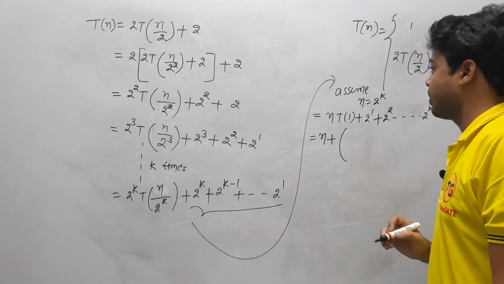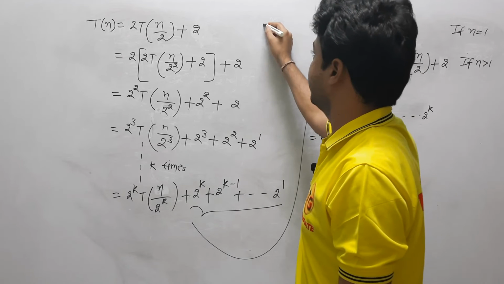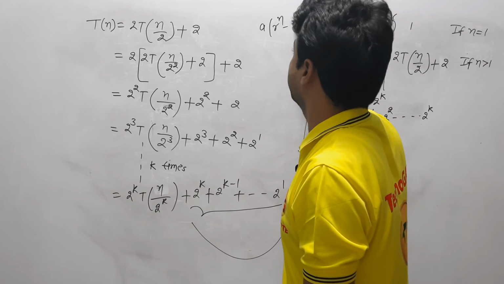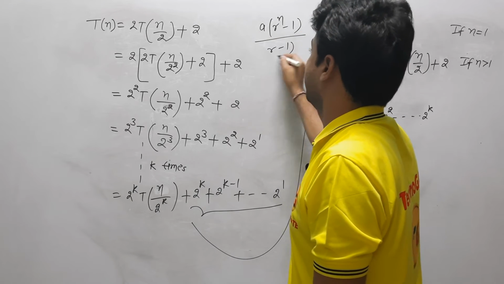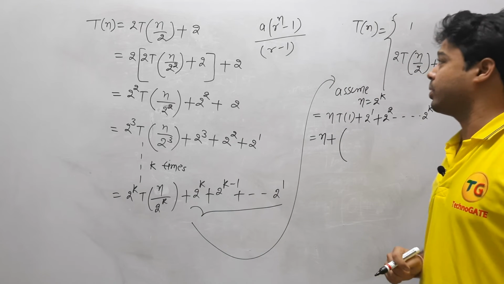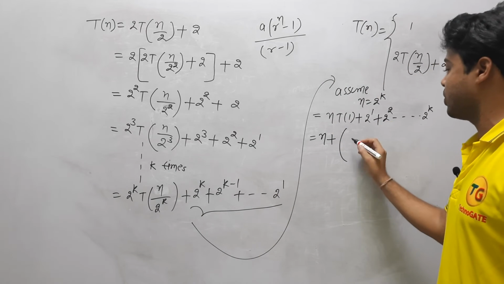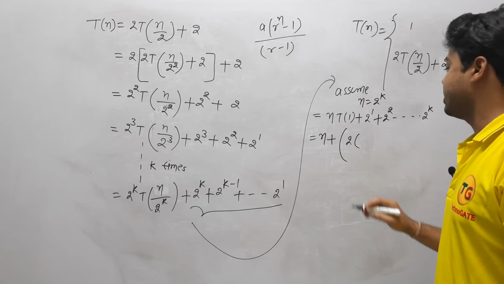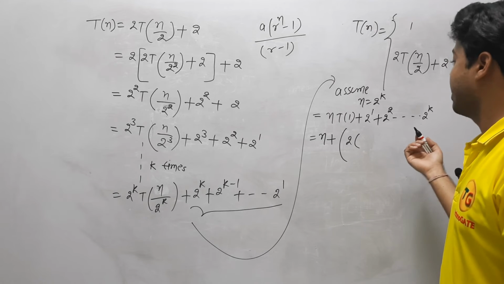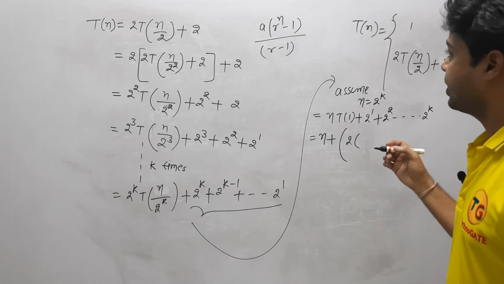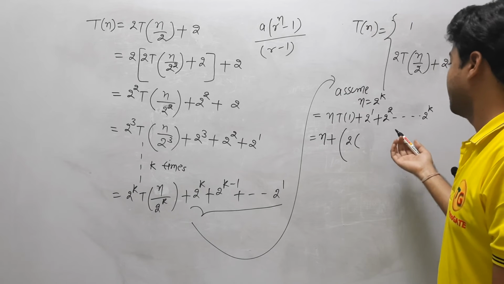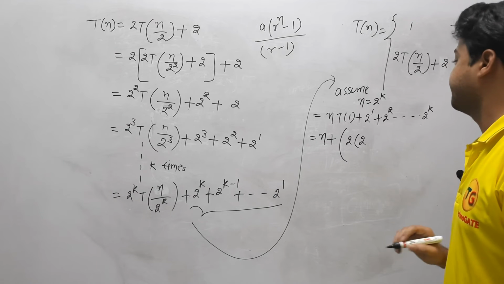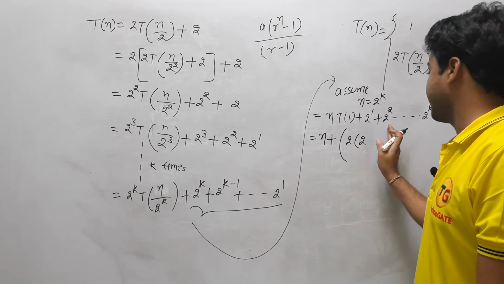What is the summation of a geometric series? A(R^n − 1)/(R − 1), where A is the first term. The first term is 2, and the common ratio is 2. The common ratio means the second term divided by the first term.